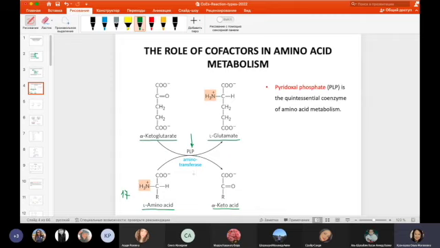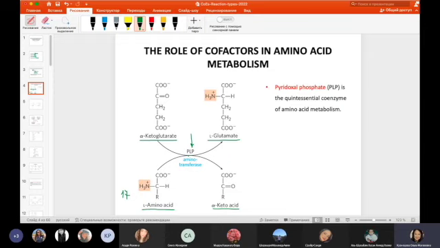more complex. Firstly, amino group is transferred to pyridoxal phosphate to form intermediate pyridoxamine phosphate, and later this amino group is transferred to carbon skeleton of keto acid to form new amino acid.